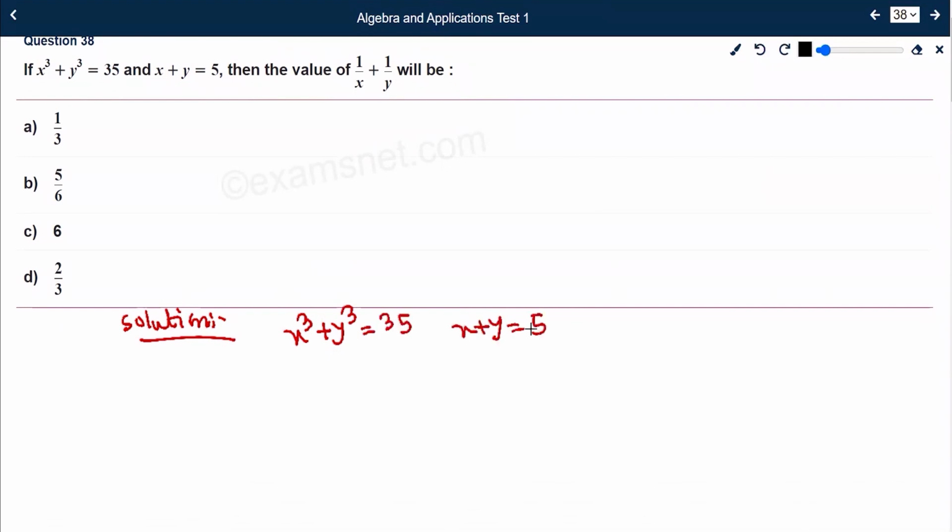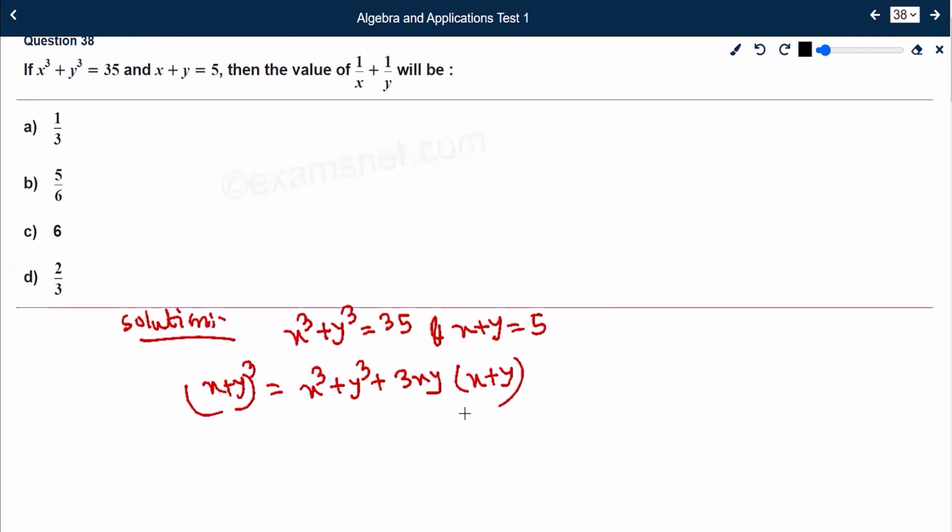X plus y equals 5, right? Now look, we have a very important identity, that is... right. So from A here, I can write, let's put all the values.